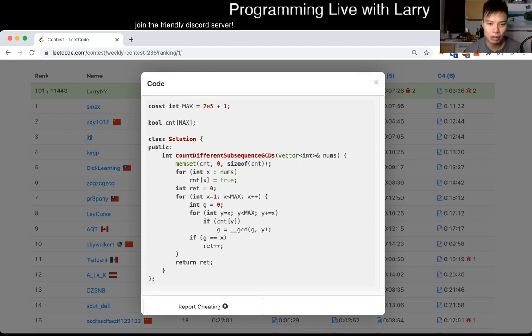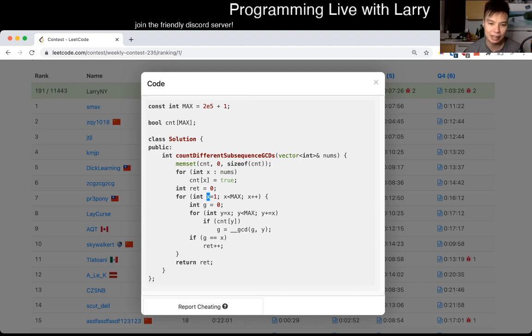But looking at code review, just going with here, this is again the sieve, same algorithm that we talked about, but this is the other way, where the outer loop asks, okay, for an answer X, is there a way to get X as the answer for some sequence of GCD.